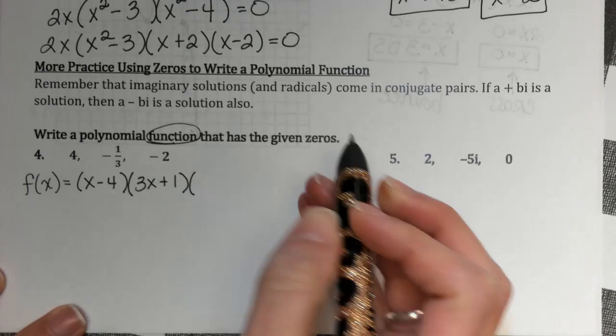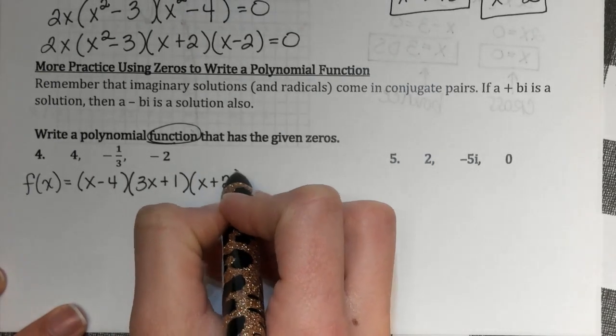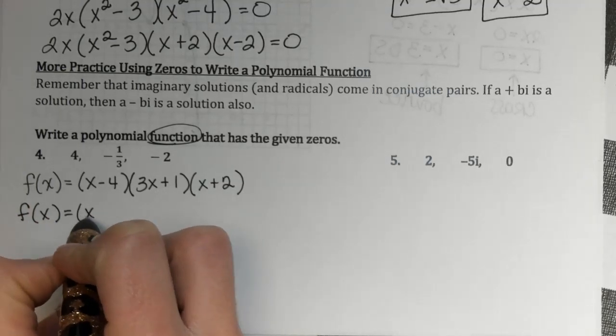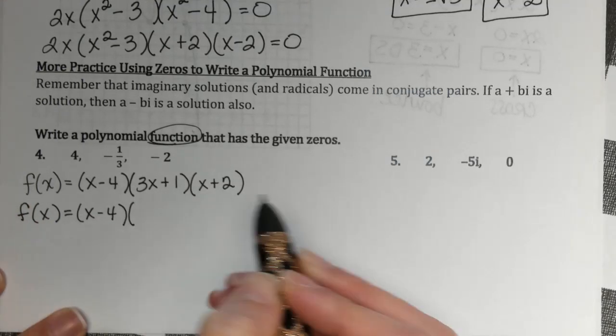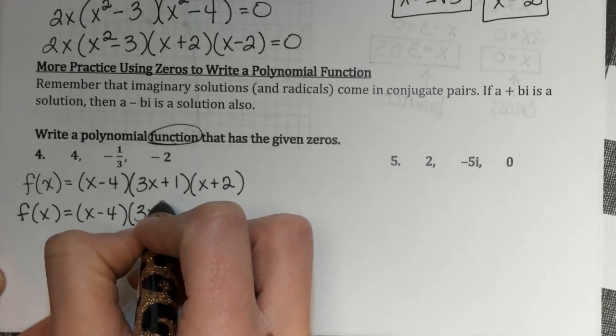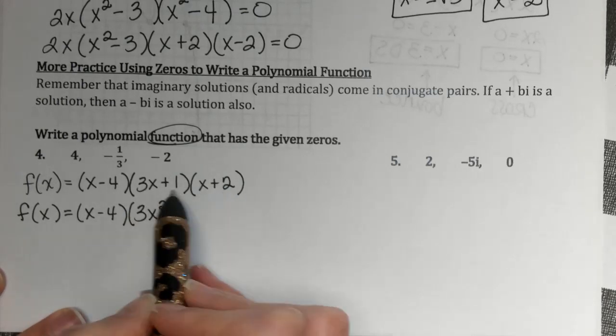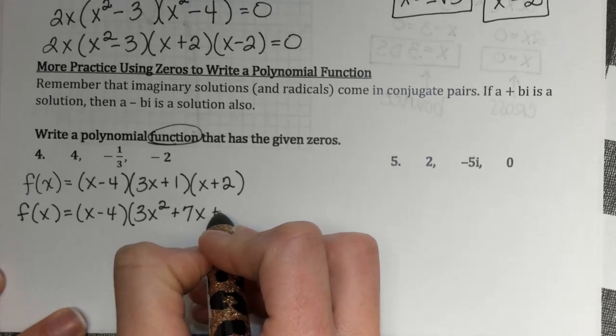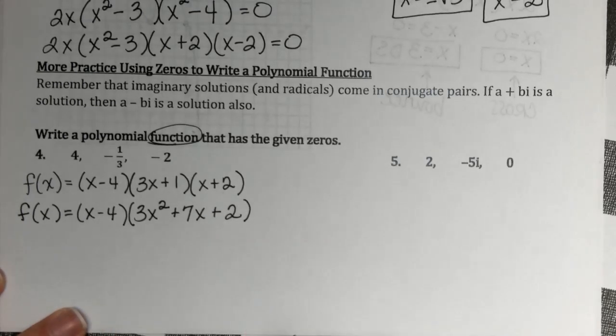Okay, and then, all right, so we're going to multiply. That gives me 3x squared. Then I get a 6x plus x, which gives me 7x plus 2.